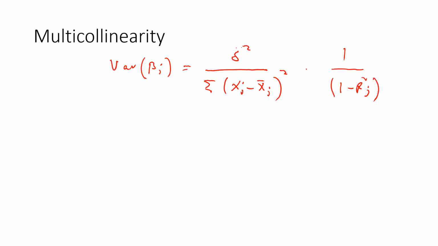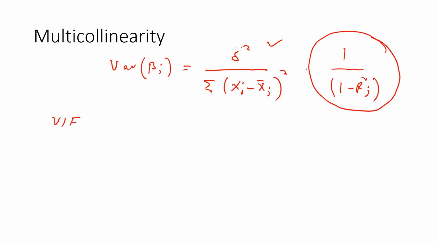The second term in this expression is called the variance inflation factor for xj. So the variance is inflated by this much. Therefore, we call it the variance inflation factor, or in short, VIF.